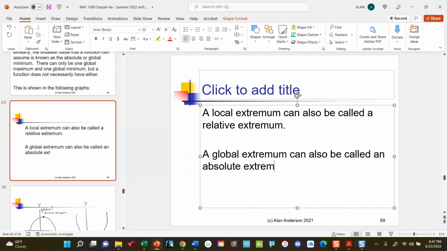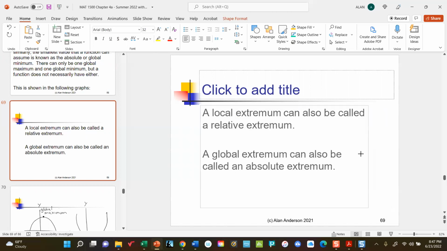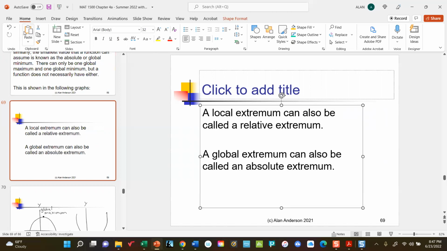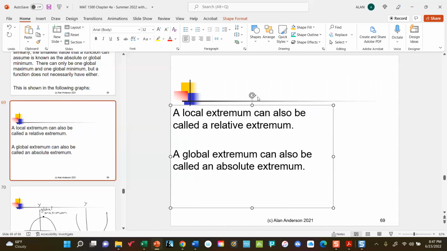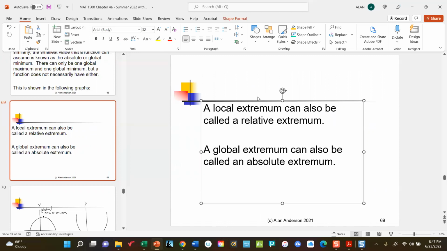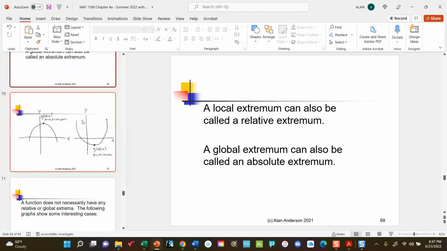So every textbook is different. Some of them use the terms local and global. Some of them use relative and absolute. Sometimes they use both. I'm more used to calling it local and global, so I'll stick with that. But the book, I believe, just typically is referring to these as absolute. But it does mean the same thing. So let me show you an example of what this is all about.